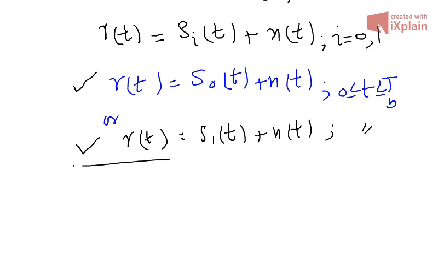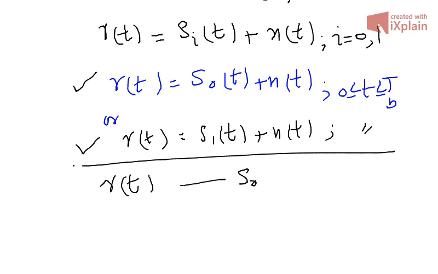This will be detected by the process of correlation. So the simplest way is to correlate the signal r of t with S0 of t.